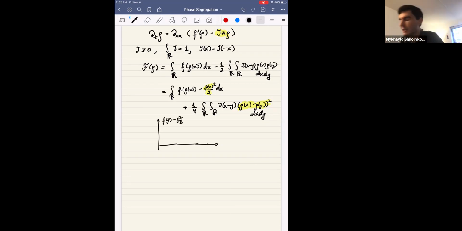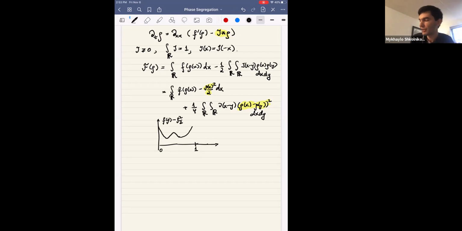So it depends on the choice of f. And the choice we will make, again taken from Giacomin and Lebowitz's work, is of a double well form that will look somewhat like this.